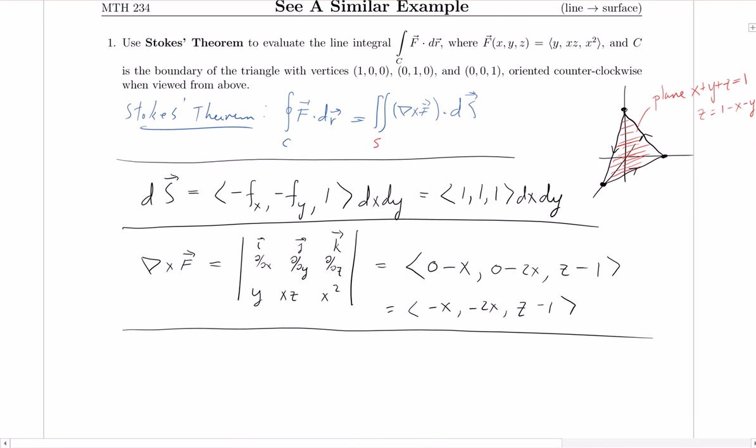Okay. So now we can compute this surface integral. So since we're thinking of the surface as a graph, we want to do this over the region D, which is the shadow of our graph in the xy plane. And here, that's just going to be this triangle.